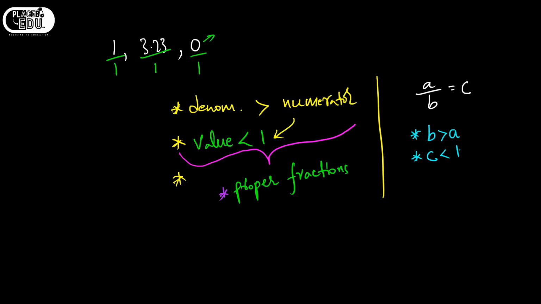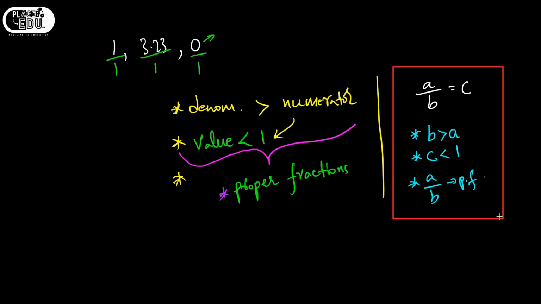Understood? Then a by b is a proper fraction. This is what you have to remember. This is the important conclusion you have to take from the explanation.